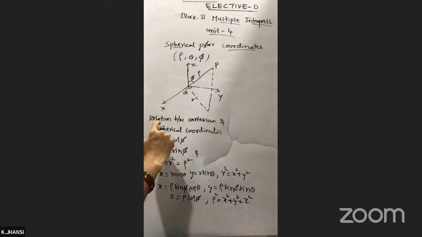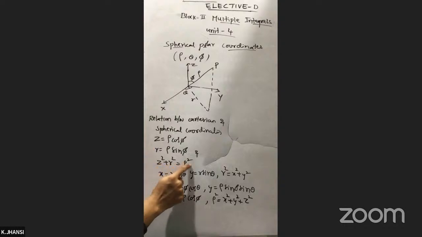These are the spherical coordinates and the Cartesian are x comma y comma z. From here, z equals rho cos phi, r equals rho sin phi. When you square both of them, you get this relation. And we know already the Cartesian relation. When you substitute in x and y the r value, you get x equals this one, y equals this one, z equals this, and rho square equals this one. With the help of all these relations, they are useful for solving the problem.